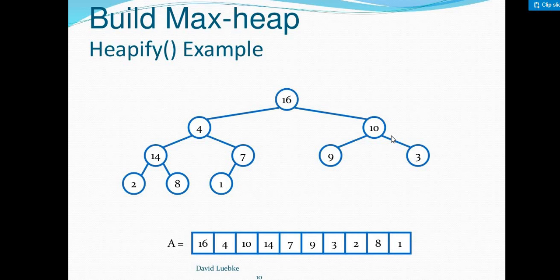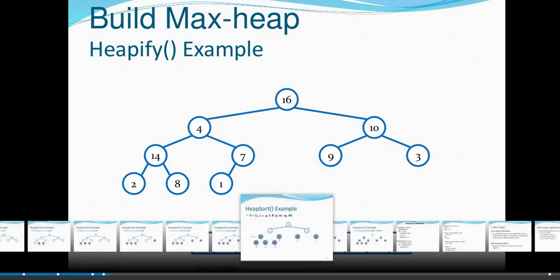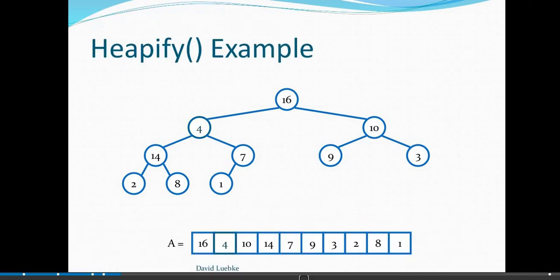Now we're talking about this Max-heap method, and in the Max-heap method the child numbers should be smaller in size. Now the next element we are taking on the left side.